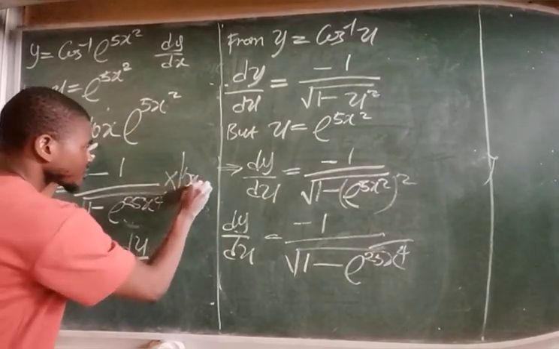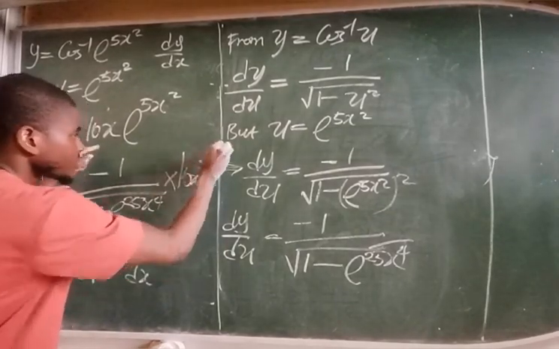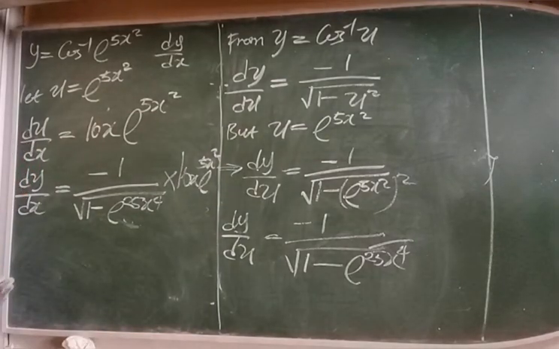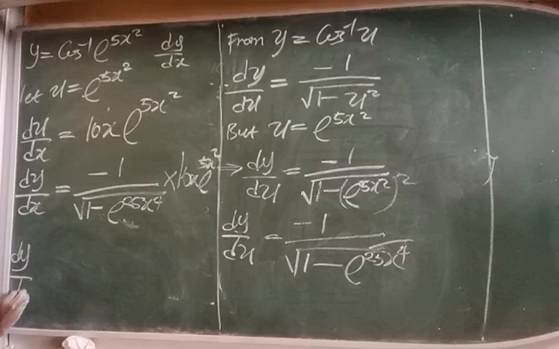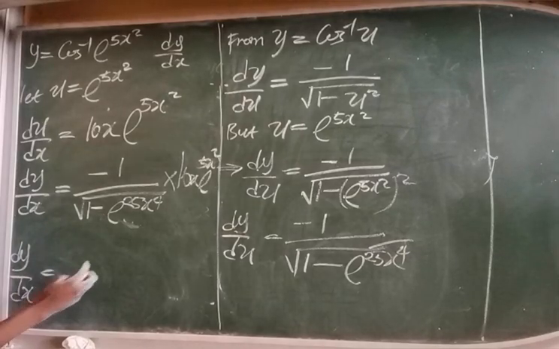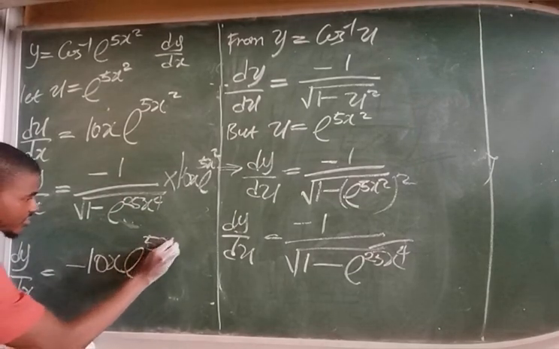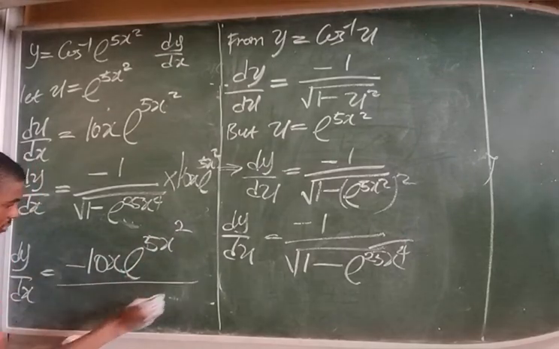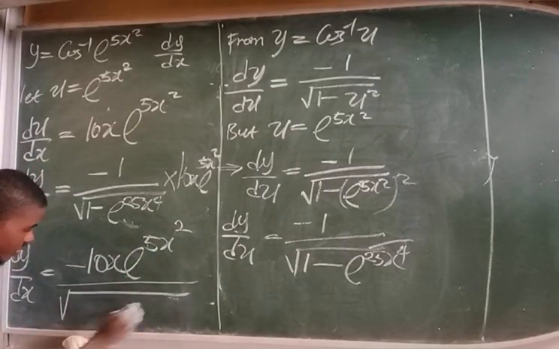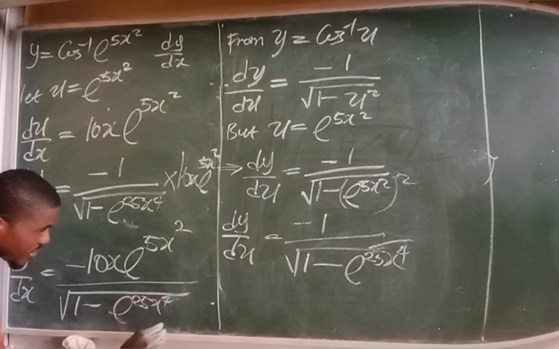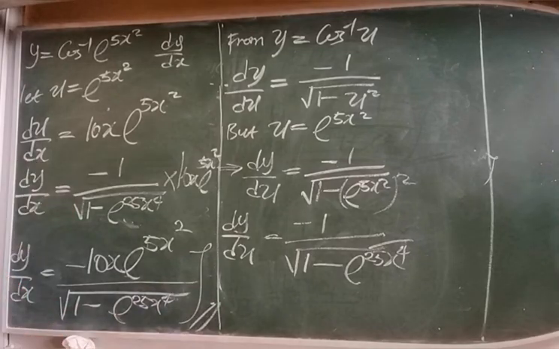So you have 10x exponential 5x all squared. So we can simply find out that dy all over dx is now equal to, of course, the whole of this multiplied by minus 1, simply gives us minus 10x exponential 5x all squared all over the square root of 1 minus exponential 25x to the power of 4. All right, guys, so that becomes the answer to that derivative.